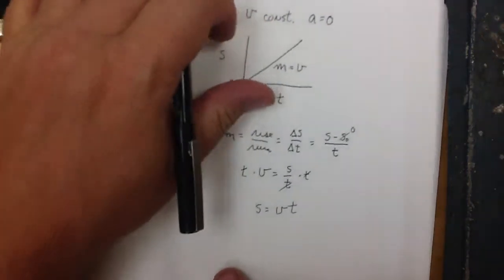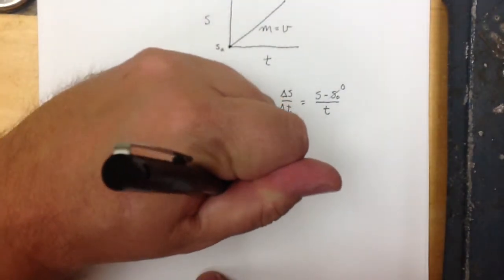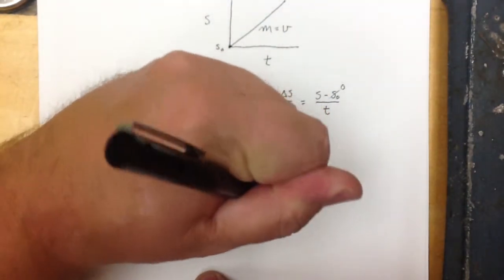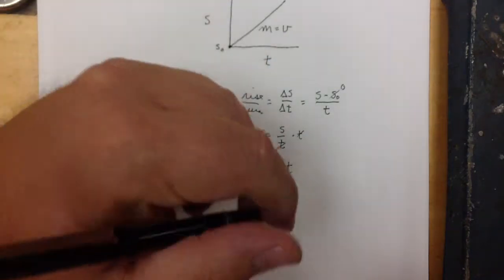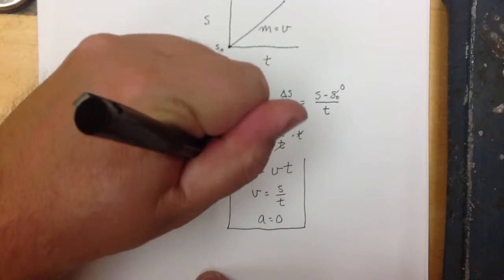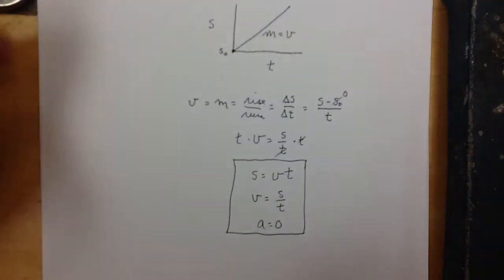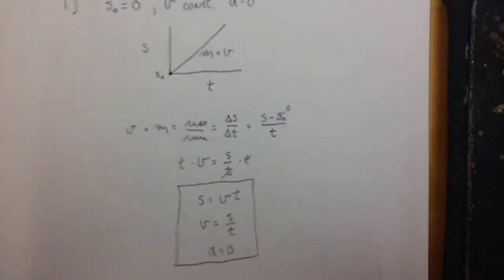So our equations for this scenario will be S equals Vt, V equals distance divided by time, and acceleration equals 0. Those are the 3 equations that you saw in the first column of the 5-column chart.